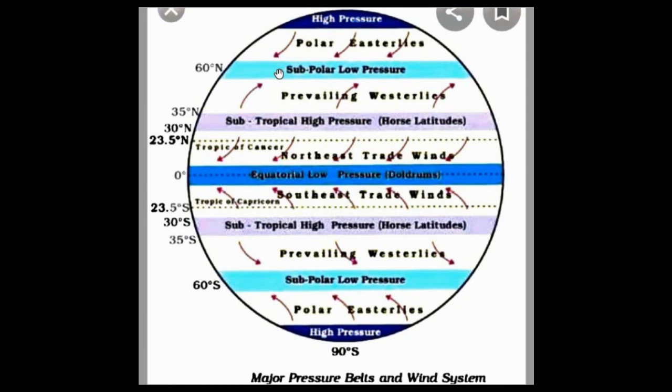Now the next belts are the subpolar low pressure belts. In both hemispheres, the subpolar low pressure belts are found between 50° north to 70° north and south. Two reasons are responsible for the development of these low pressure belts.